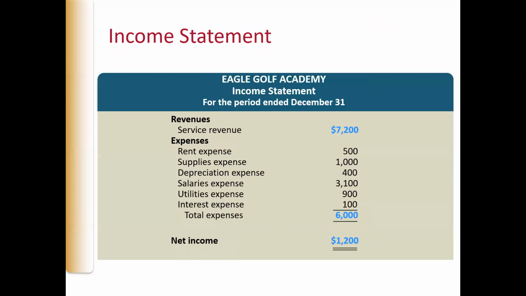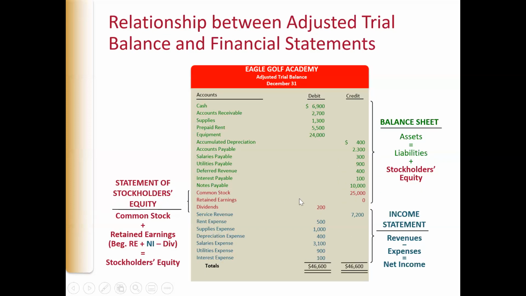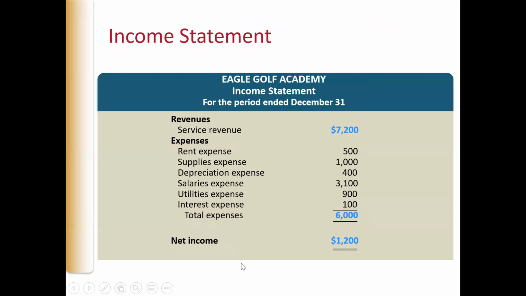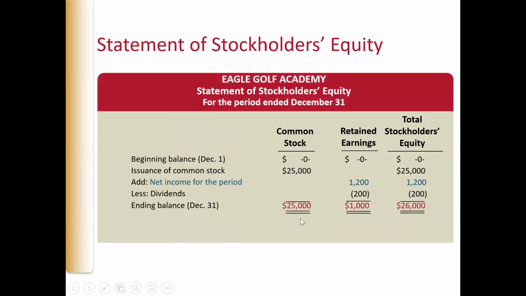So we're taking the revenues and the expenses from the adjusted trial balance to create an income statement. Straightforward. Do you see how our net income here is 1,200? Because this was a brand new company, we started with zero balances.